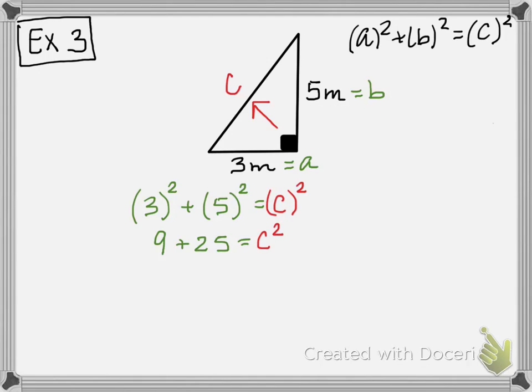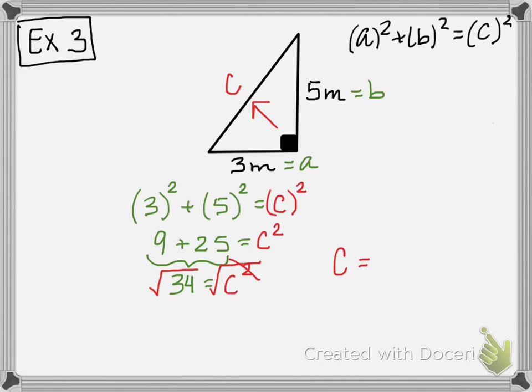Next step, I want to add together what I can, so 9 plus 25 gives me a total of 34, and that equals my C squared. And then last step, I want to take the radical of both sides, because what that does is it cancels out my square and my radical, so I just get C by itself. And then break down 34 if you can.